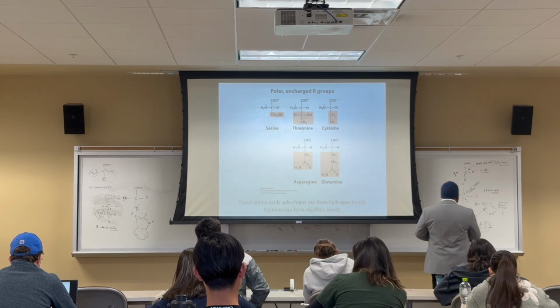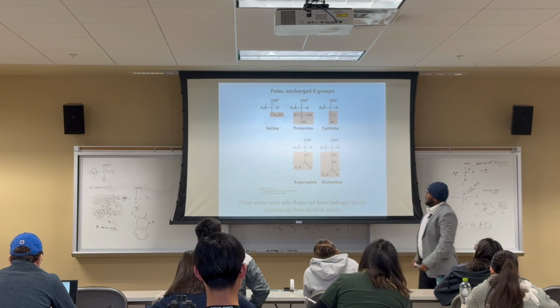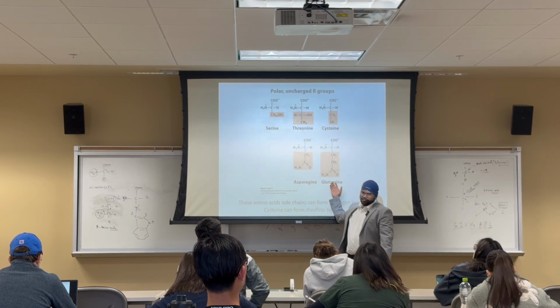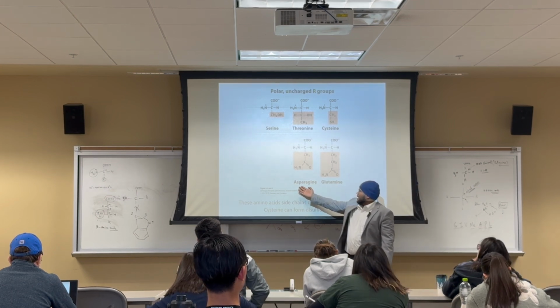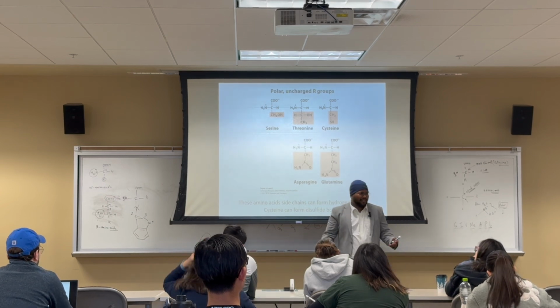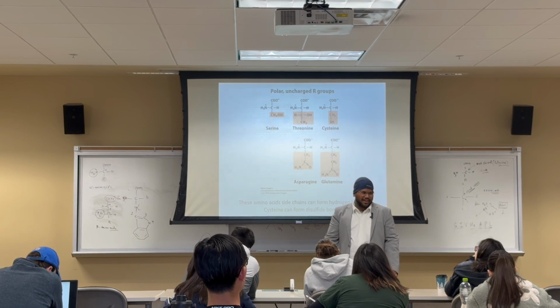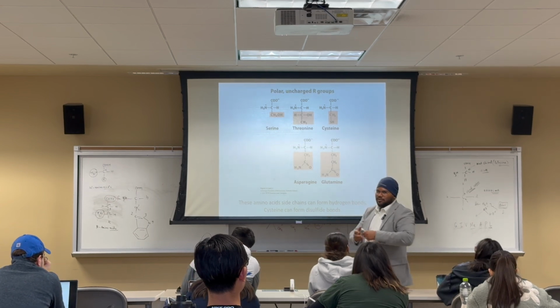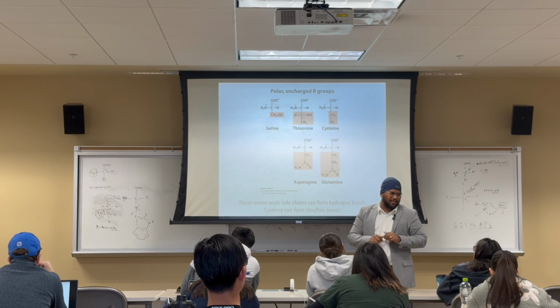Okay, why am I talking about all that? Because you have two giants, Apple and Google. This is asparagine and this is glutamine. And you have to learn something to get into Apple or Google, right? What do you have to learn? Technology, coding, computers.